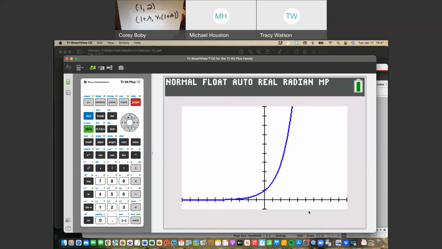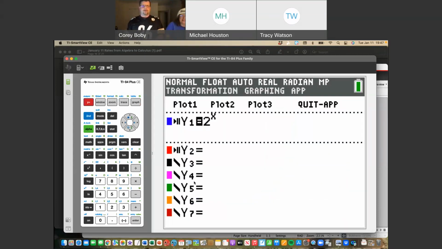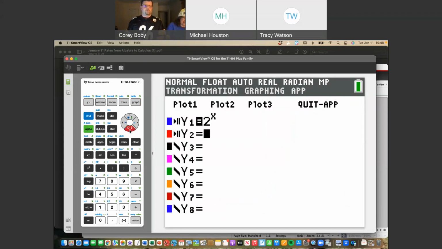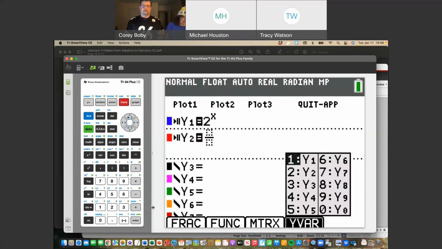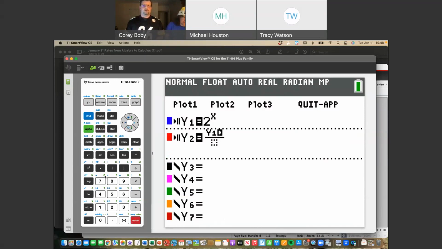And I'm going to figure out the slope of that. So when we go into here, I need to do the slope, which would be alpha. By the way, 84 folks, alpha x makes you do the fractions really quickly. So I can do alpha trace y1 of 1 plus a. We'd actually prefer to use h, but I have to.